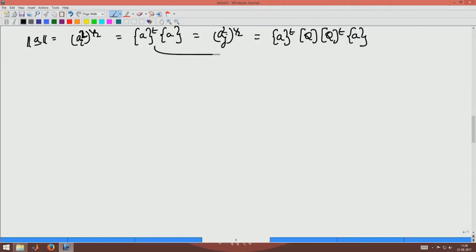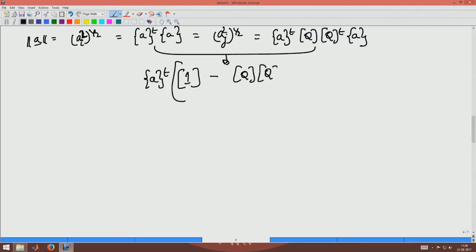Now, from these 2 I can write it as A transpose into, this has to be equal. So, equating from those 2 I will get the identity matrix. We will see what this is in a short while. Q Q transpose times A has to be equal to 0.